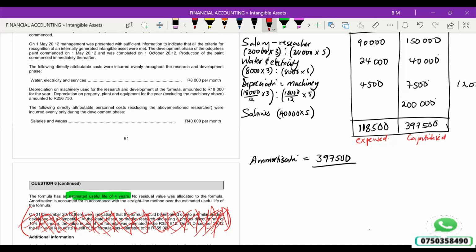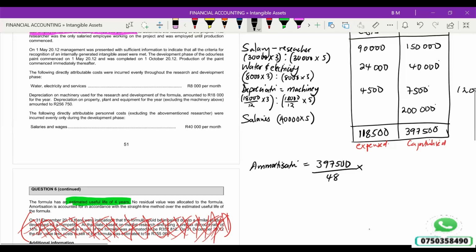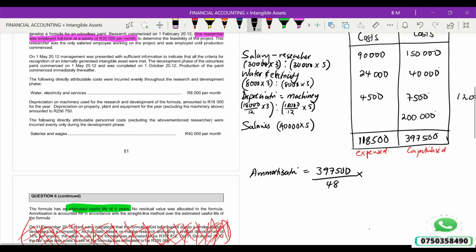Okay, so 397,500, 4 years times 12, 48. How many months did we use it in the current financial year? From October. October, November, December.